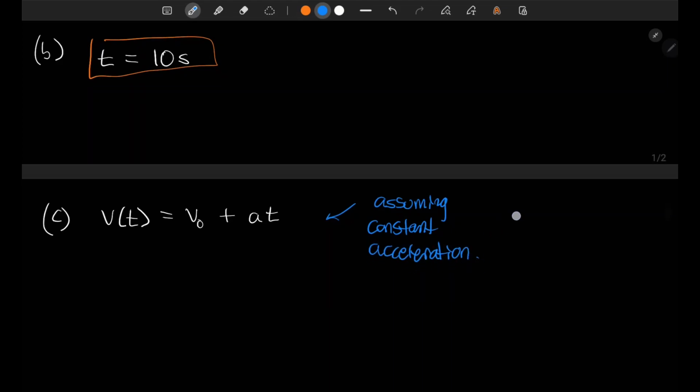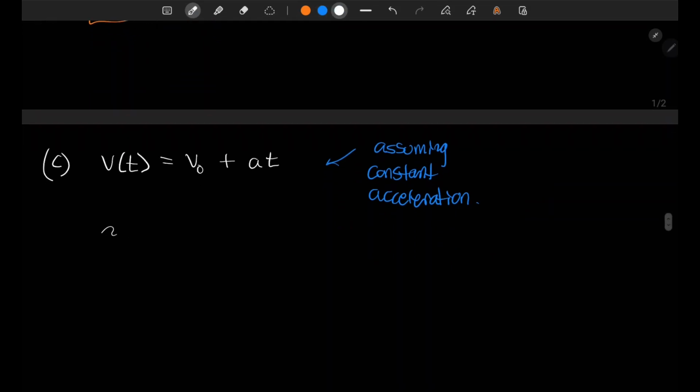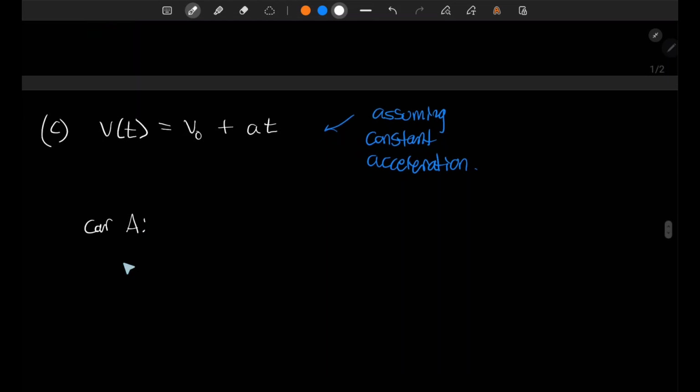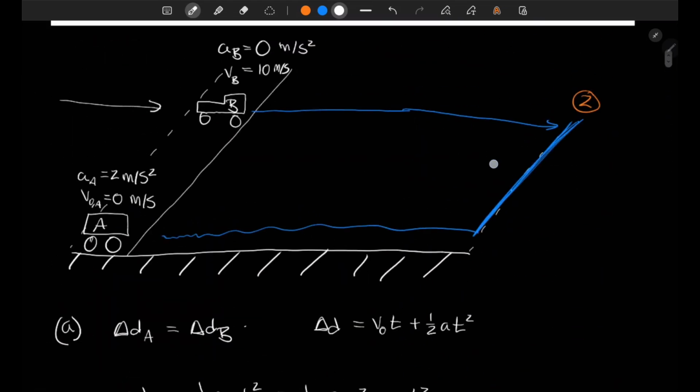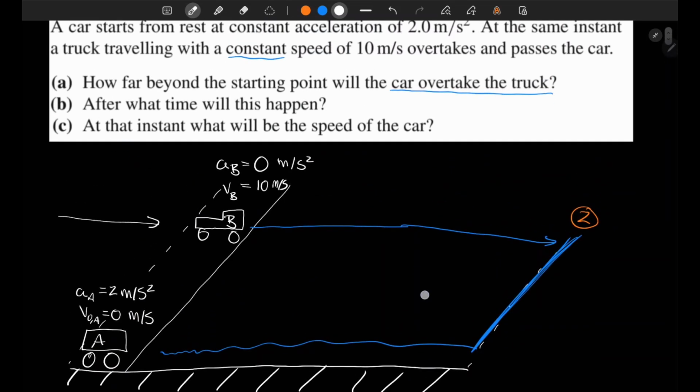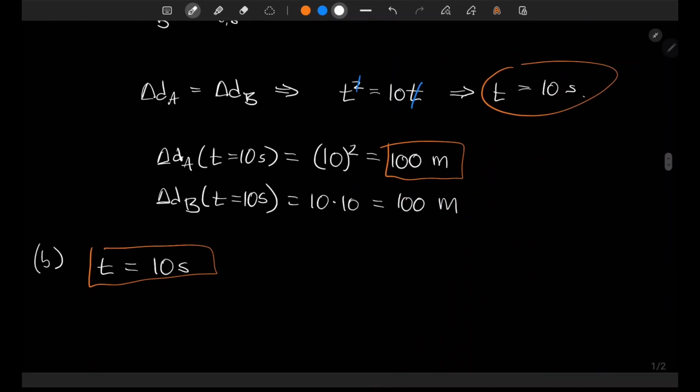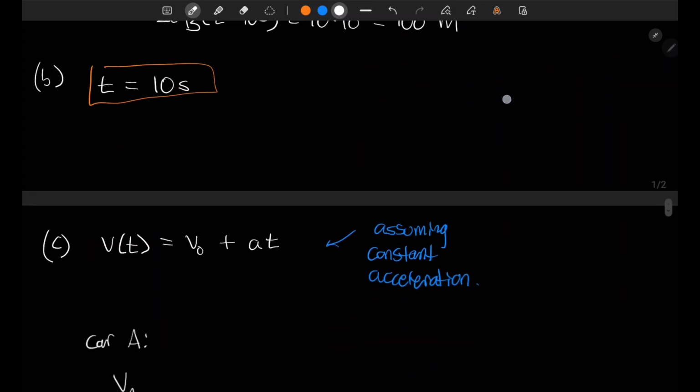Okay? Now, for car A, we want v_A, and it said at that instant. So that means at time t is equal to 10 seconds, because we already found that car A passes truck B at t is equal to 10 seconds.